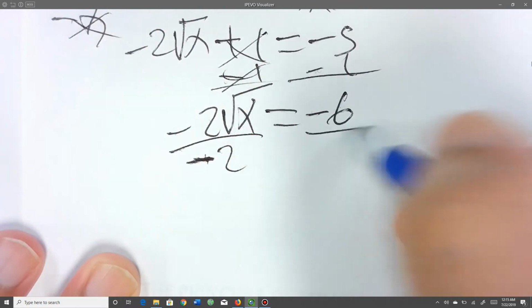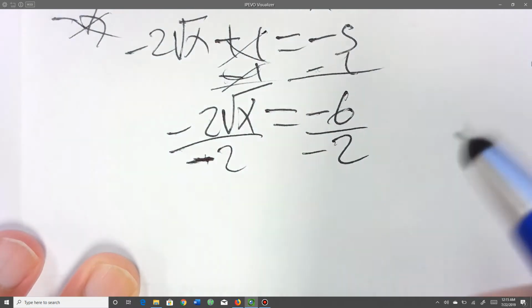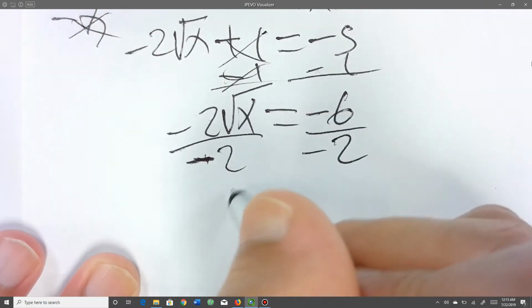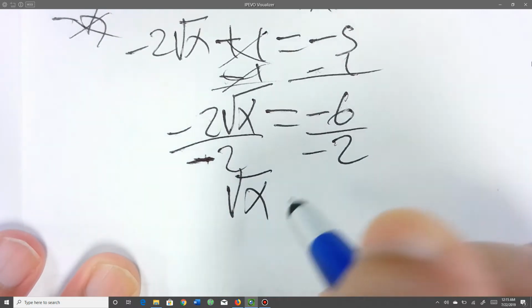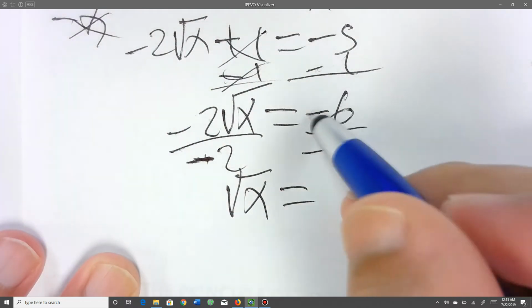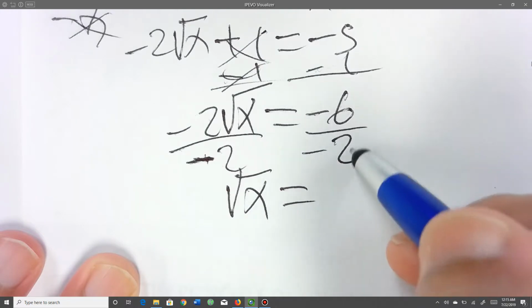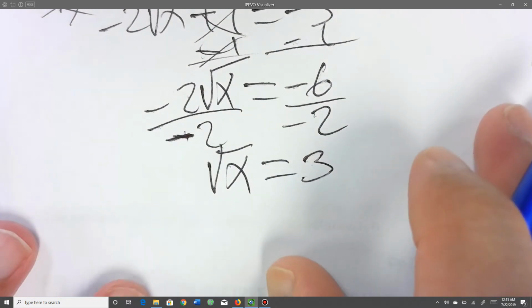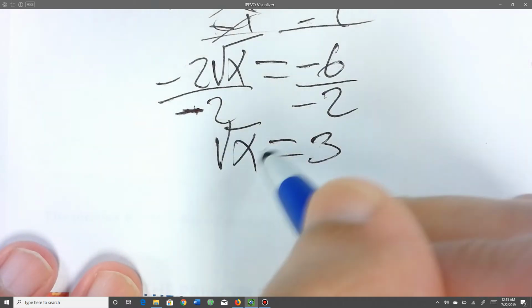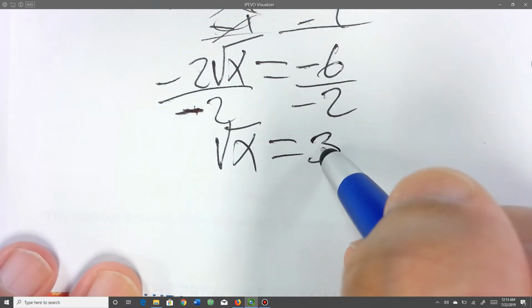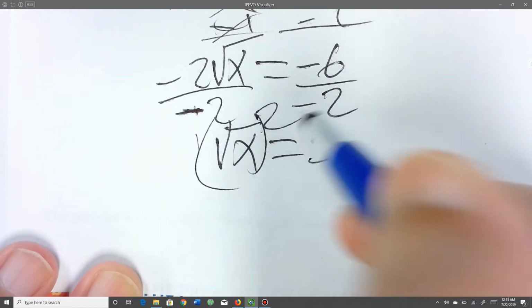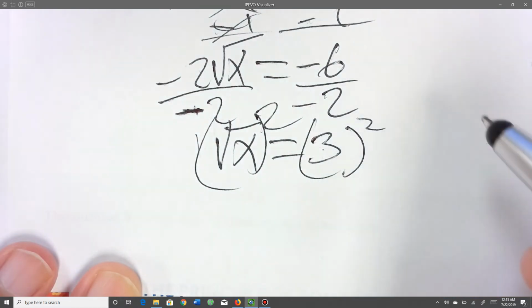And then do it to the other side, and this divides out to 1 times square root of x, just square root of x, equals negative 6 divided by negative 2, that's a positive 3. Okay, now we have a radical on this side and a radical on this side, so we need to square both sides.